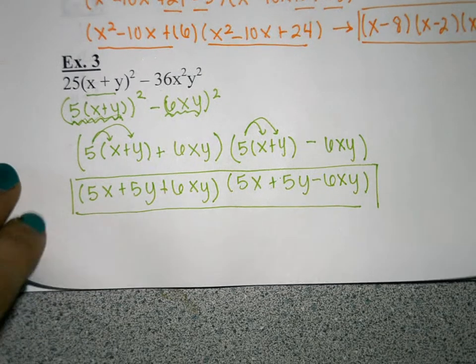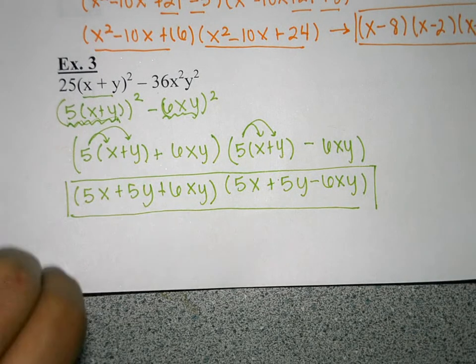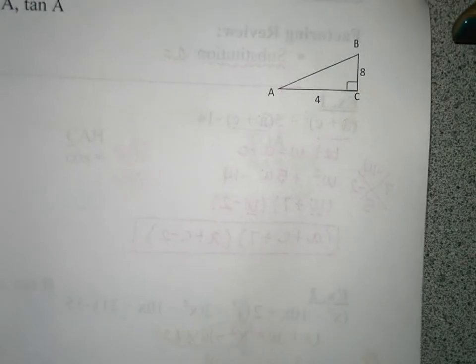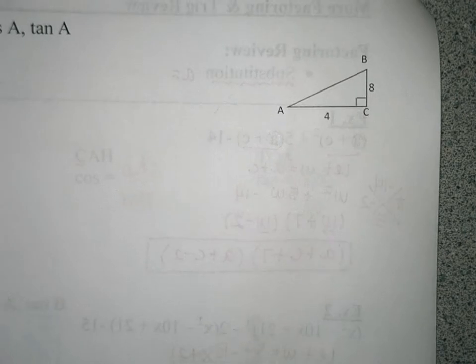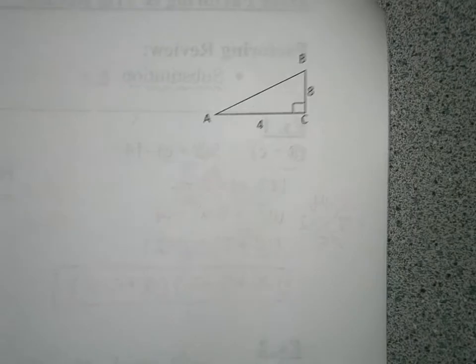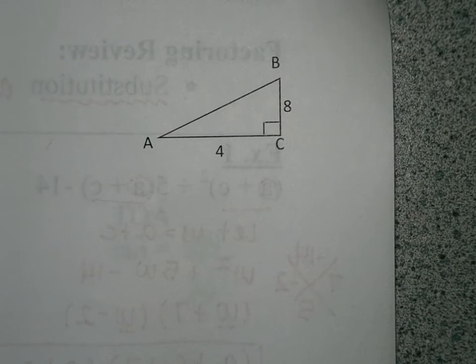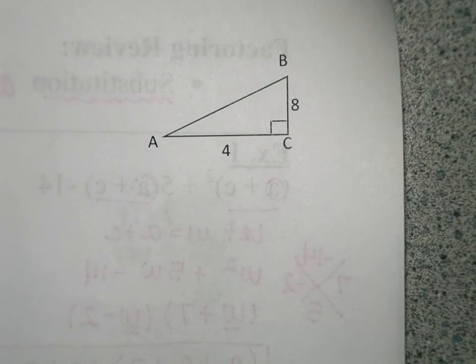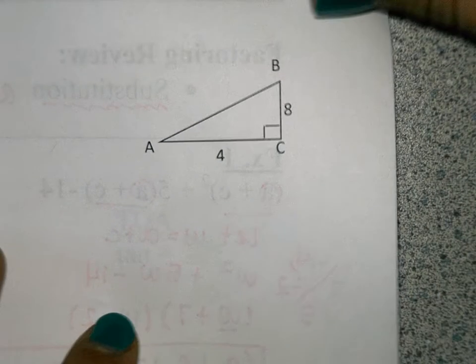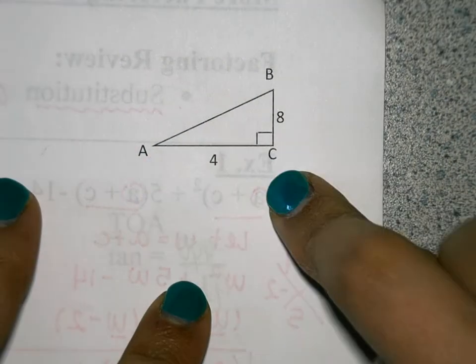So let's take a look at one trig review problem, and then we will be finished. So for our last example, example 4 with trig review, here's the triangle that we're going to be working with. So we have triangle ABC.